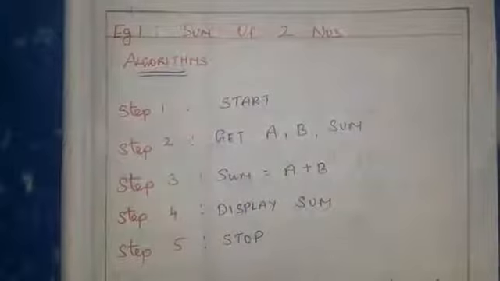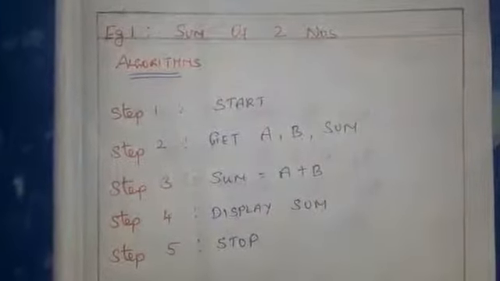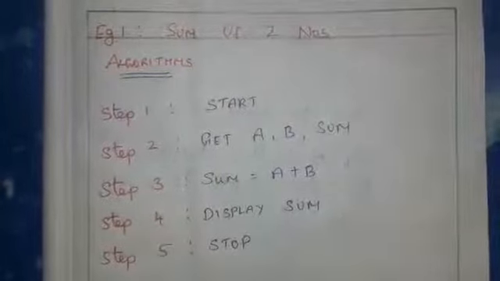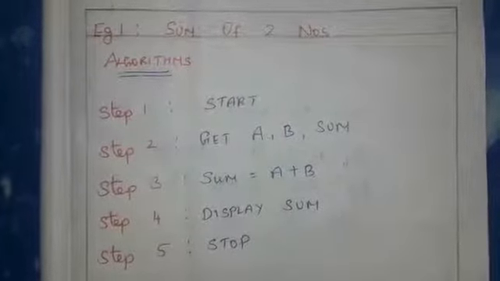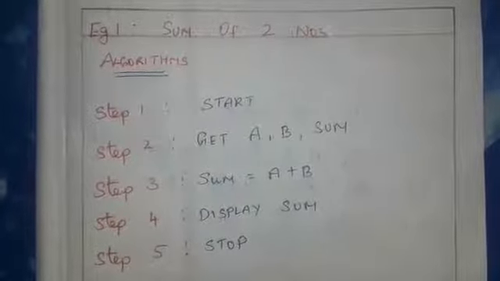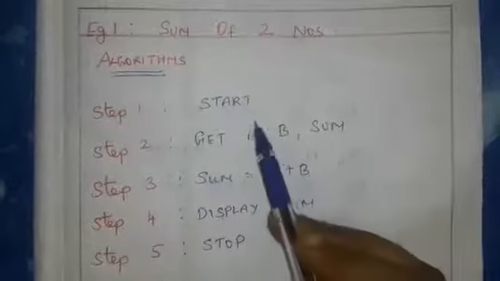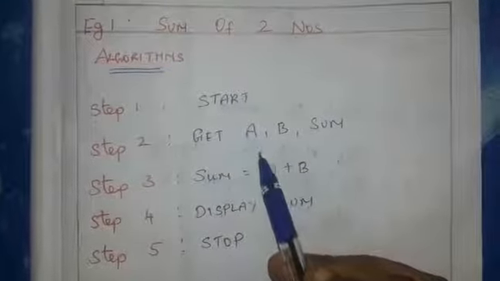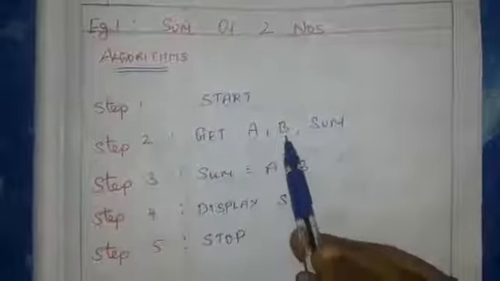Now we will see an example of algorithm, flowchart and pseudocode. First example is to find the sum of two numbers. You all know an algorithm is step-by-step instructions. Step 1, start. To add two numbers, you have to specify two variables a and b.